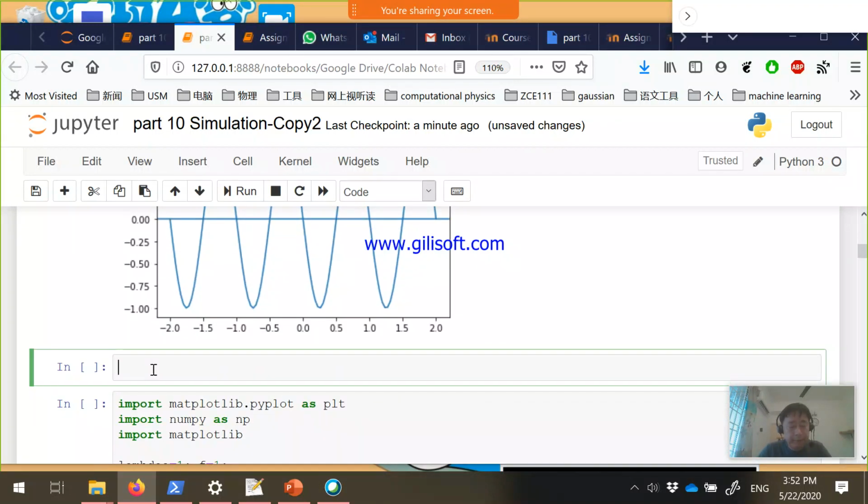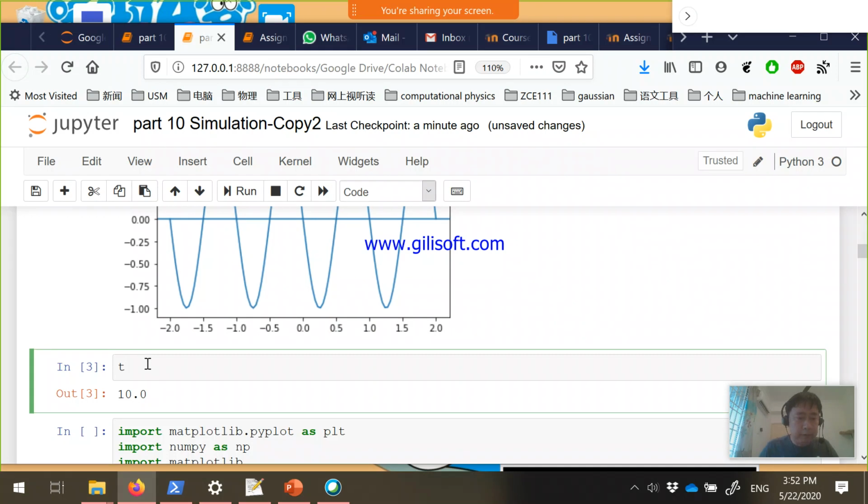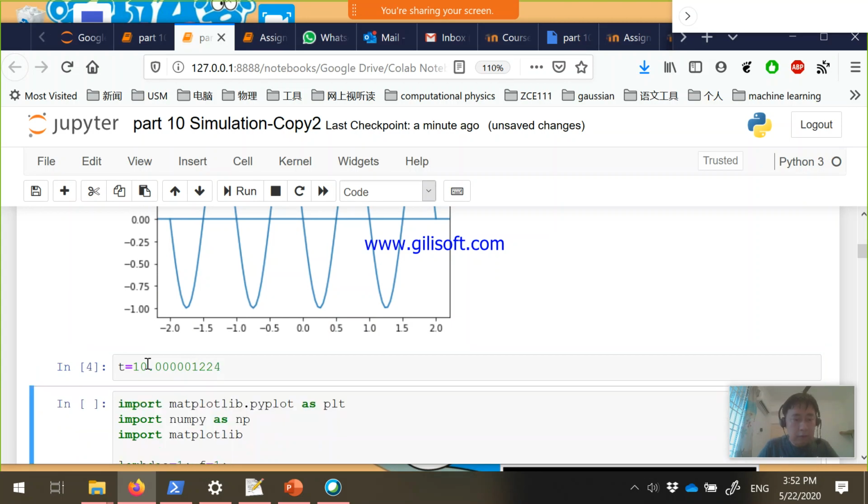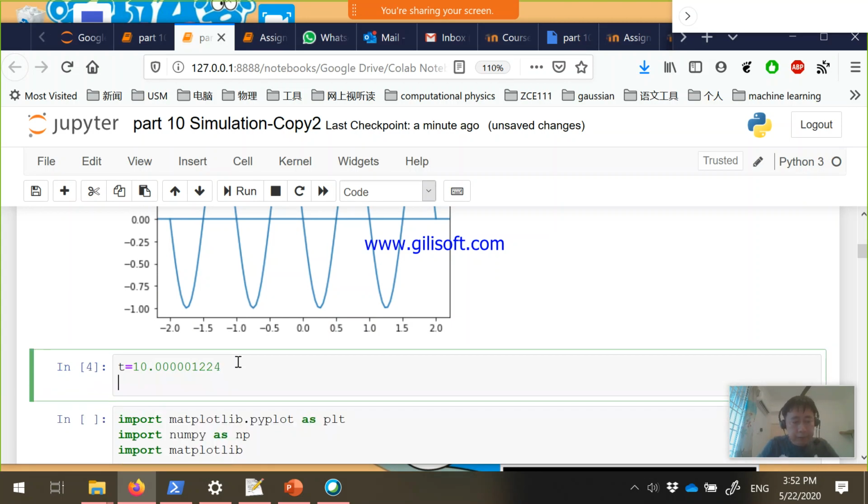So let's say you have here a t. Now what is t? t is 10.0. So maybe t equals 10.0001234. So let us try to print this and then make it into a different format. Say you just want to print out 10.0, only 3 figures with 1 decimal point.